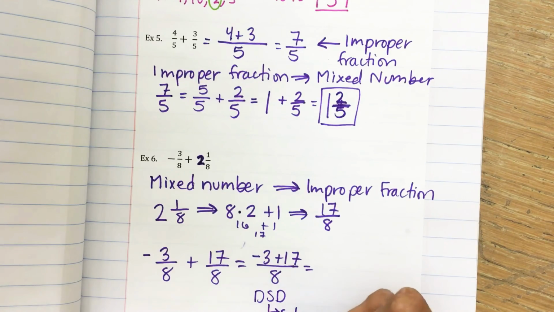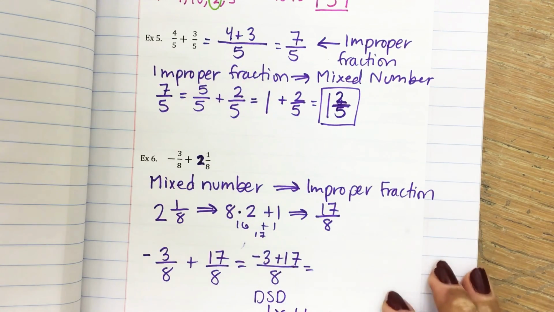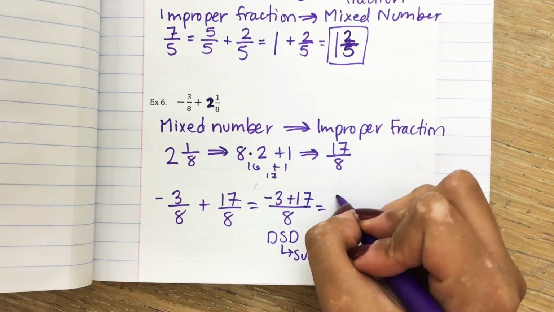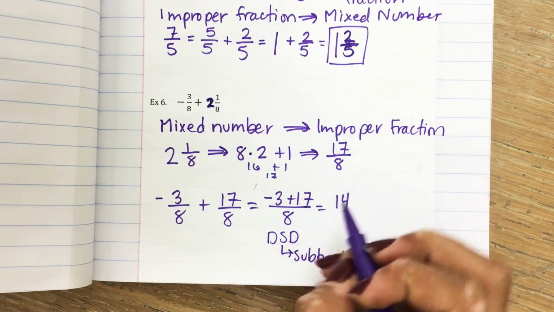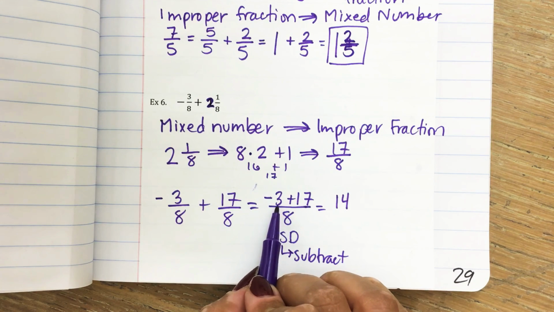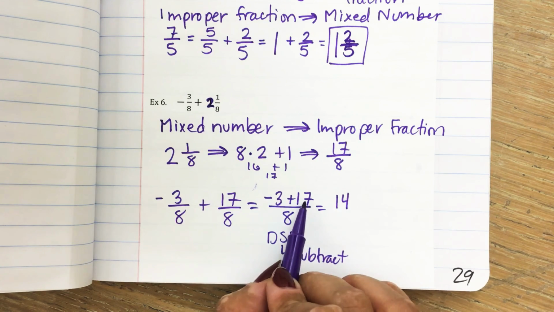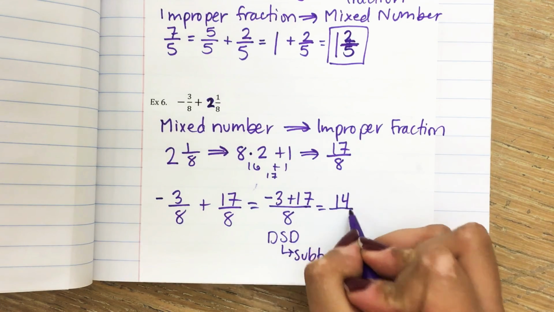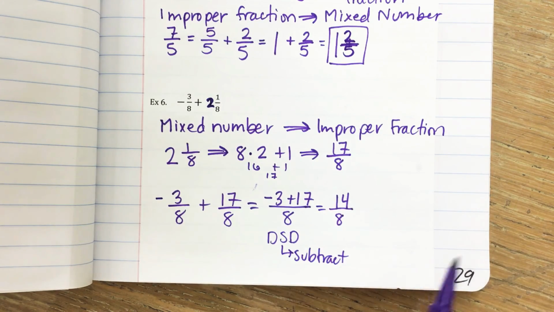Whenever they're DSD, we subtract. So 17 minus 3 gives me 14. Then I check which one has a bigger absolute value. The 17 does, and the 17 is positive, so my answer should be positive. And so that's 14 over 8.